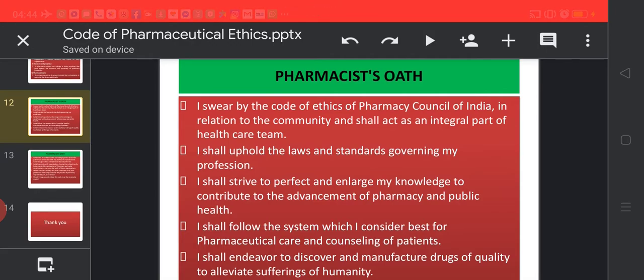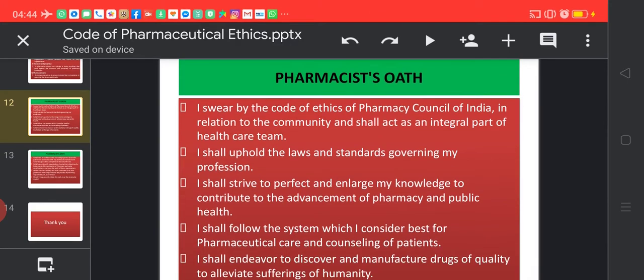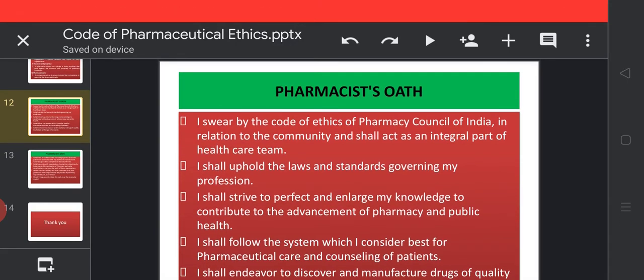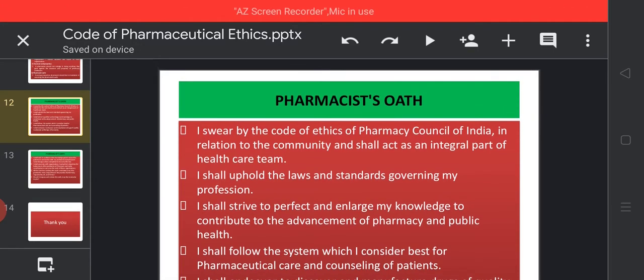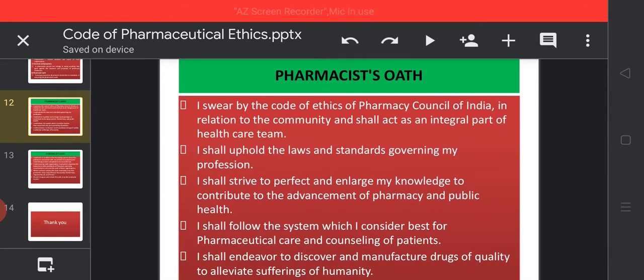Definitely ऐसे फार्मासिस्ट हमारा रोल होना चाहिए कि we should work towards the code of ethics of PCI, Pharmacy Council of India, as a healthcare team. Definitely we should always uphold the laws and standards governing our professions.